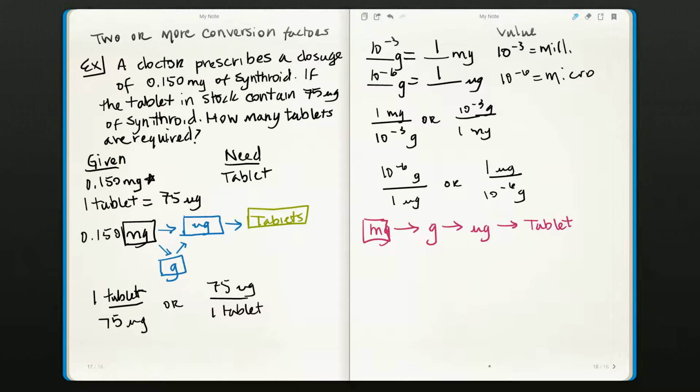So always draw your map, that way you can look at it when you start setting up your problem. Okay, so again, start with what you're given. We were given 0.150 milligrams. Okay, and then we can draw our railroad here.